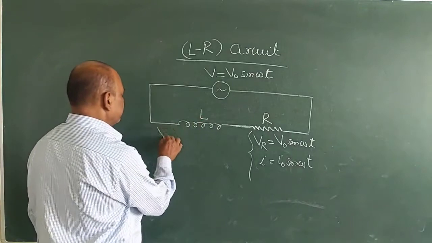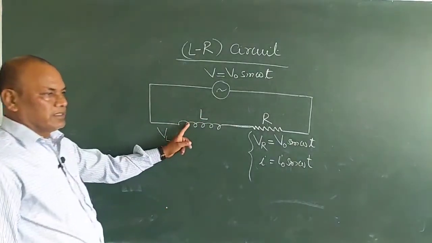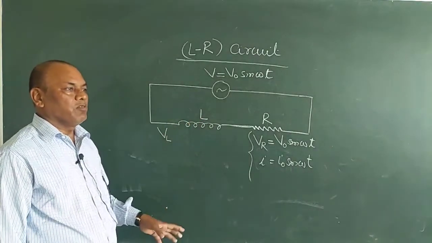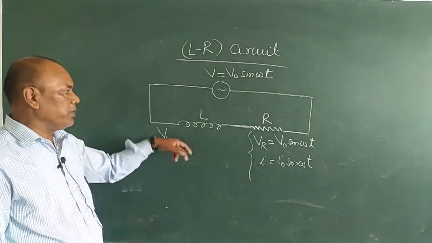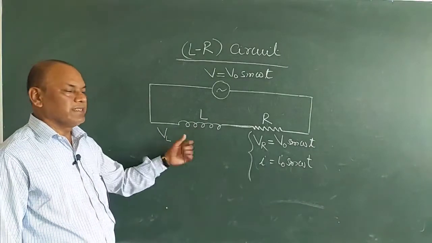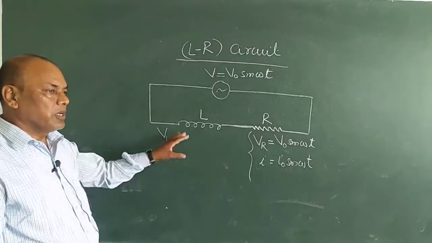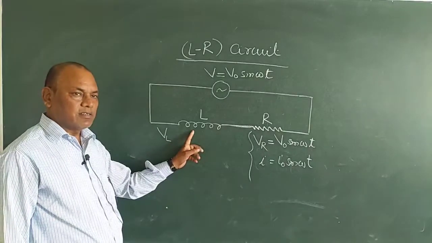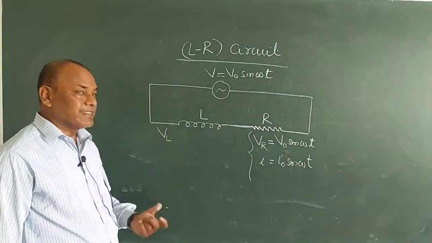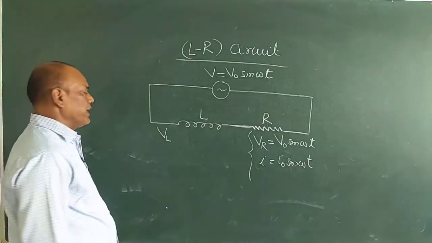Now here in the case of the inductor, we must be careful about the phase difference between voltage and current. We must remember that in the case of an inductor, voltage always leads the current by 90 degrees.